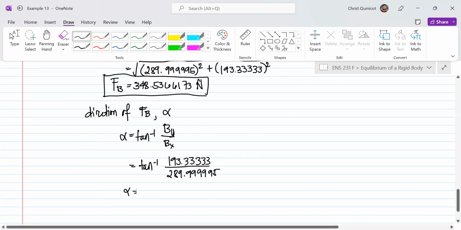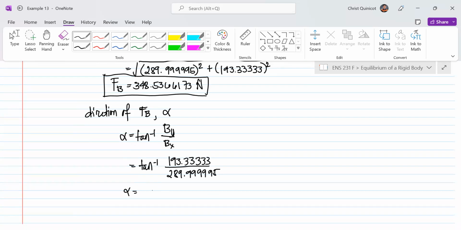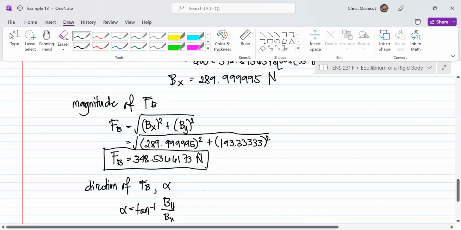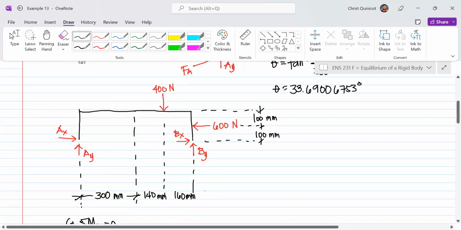So our alpha is equal to the inverse tangent of 193.12345 divided by 289.99245, and that is 33.69006753 degrees, which is the same as what we got here.